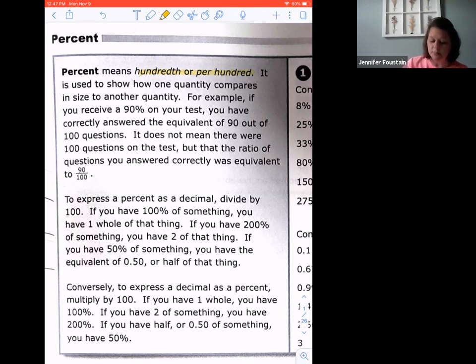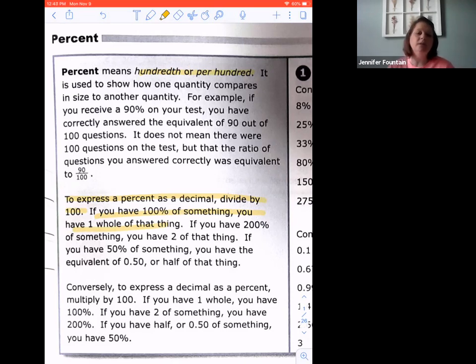To express a percent as a decimal, divide by 100. If you have 100% of something, you have one whole of that thing. If you have 200% of something, you have two wholes of that thing. If you have 50% of something, then you have the equivalent of 0.5 or half.